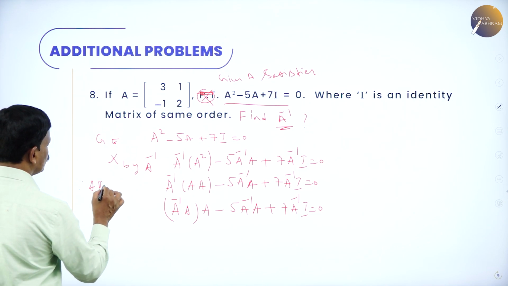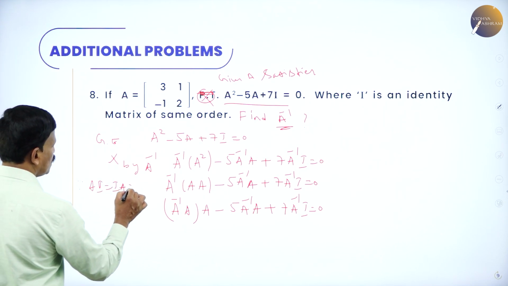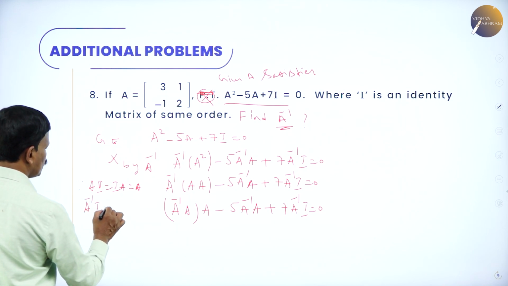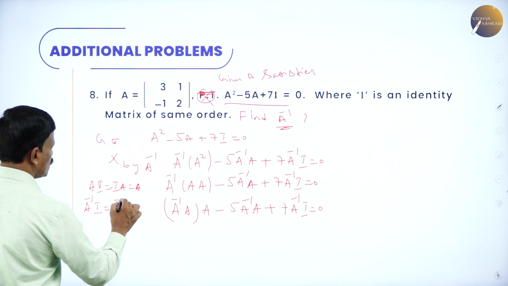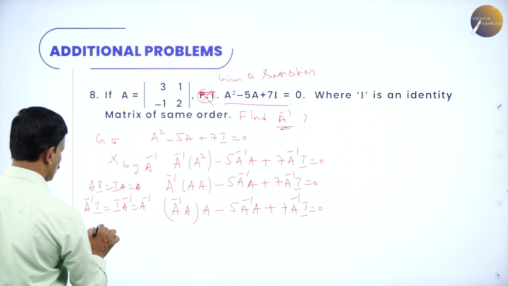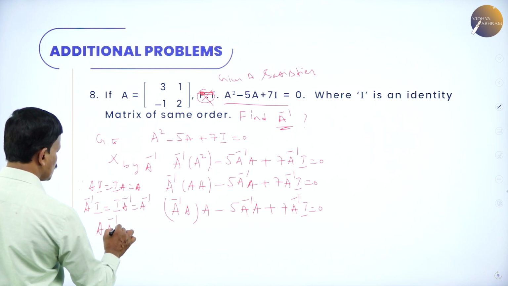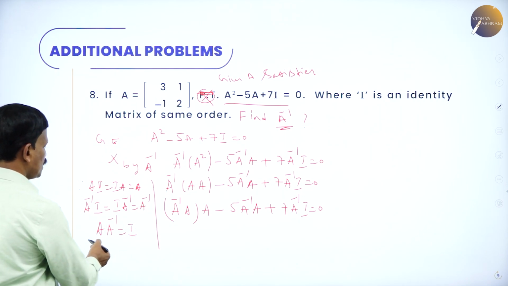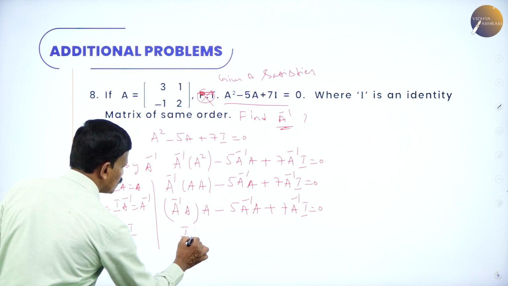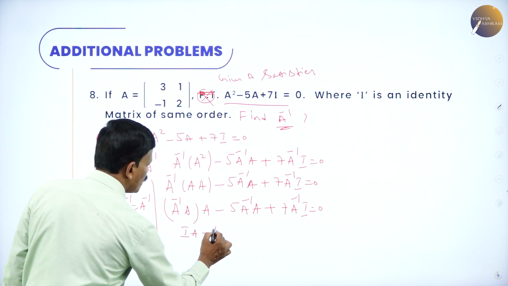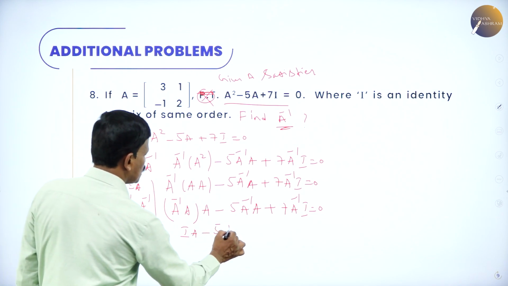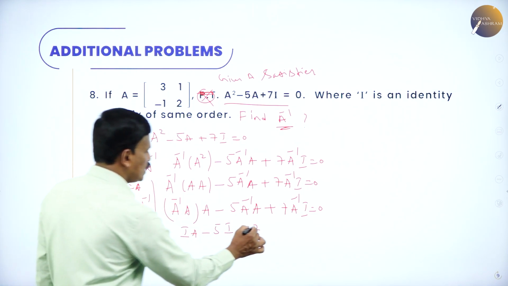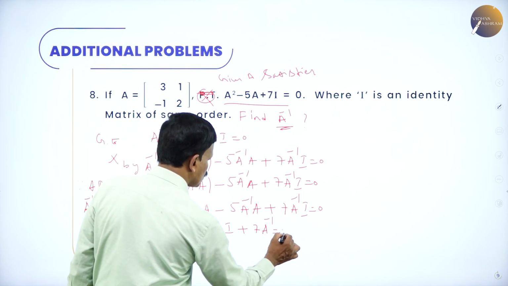A into I or I into A is equal to the same matrix, A inverse into I or I into A inverse is equal to A inverse, and A inverse into A is equal to an identity matrix. Using these properties, what is A inverse A? This is I into A minus 5 into, what is A inverse A? This is equal to I plus 7 into, what is A inverse into I? That is A inverse, is equal to 0.